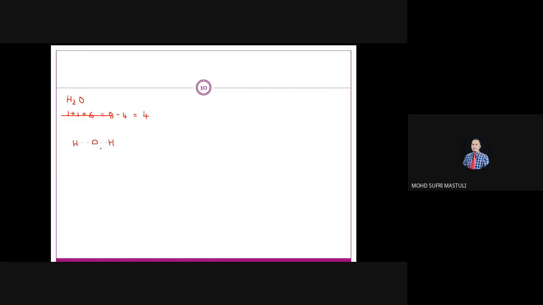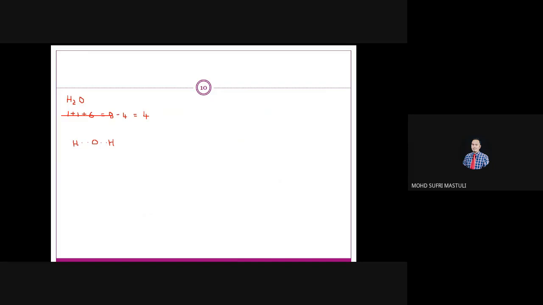So we check the octet rule for the terminal atoms. The terminal atom is the atom connected to the central atom. As we know, hydrogen is nothing much that we can do, because it's only one, so it's impossible to achieve the octet of 8 valence electrons.